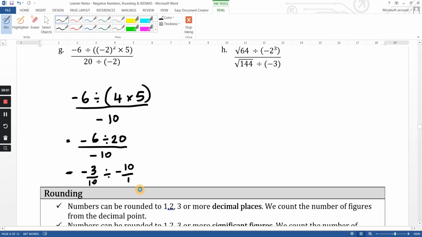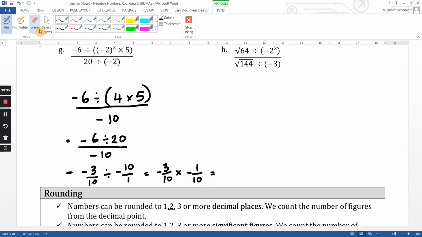So basically what I do is I keep the first fraction the same. I flip the second one. So that's going to be 1 over 10. And don't forget the minus. And you're going to be multiplying. So that's going to give me minus 3 times minus 1. Technically that minus is floating in midair really. Whether it's with the 1 or with the 10 makes no difference.